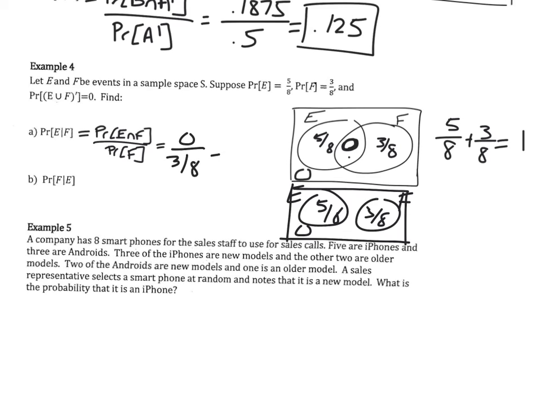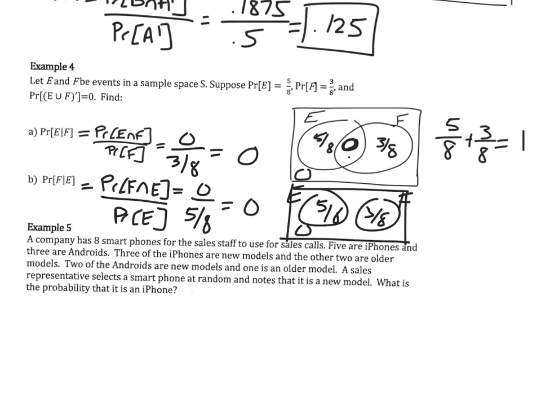We'll put 3/8, but it's not going to happen. And the last one, it switches them, and the bottom is this time E. But since the top is 0, the answer is actually the same. So with a given probability, it's not going to happen if they're disjoint.